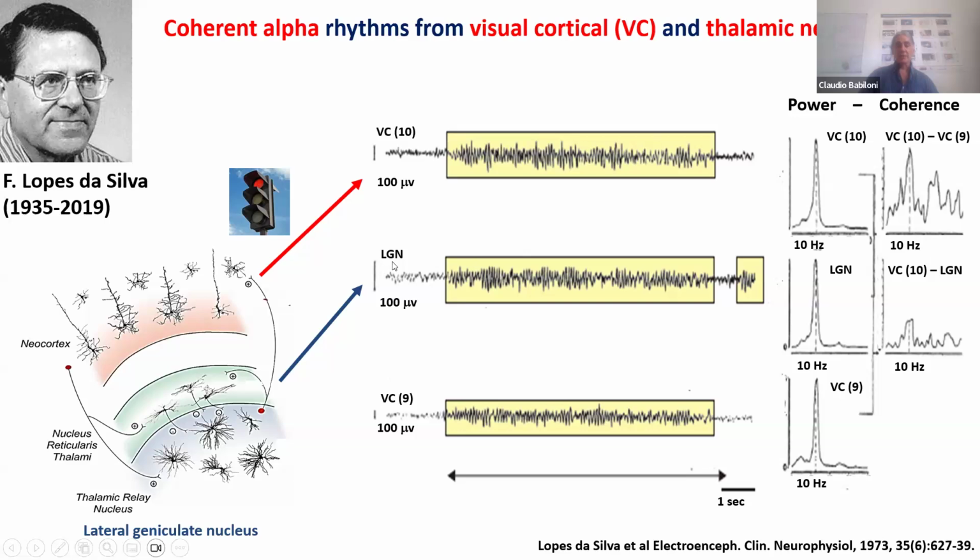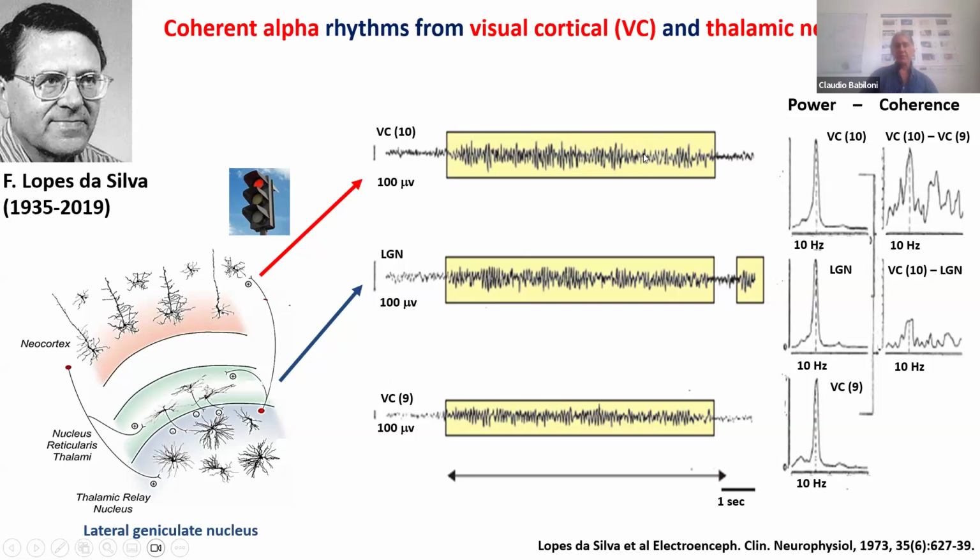In the middle, you see a local field potential recorded from lateral geniculate nucleus, the visual sensory thalamus. And in the bottom of the picture, you see the electrode 9 implanted in the visual cortex. So electrode 10 and electrode 9 are located in the visual cortex of a dog.